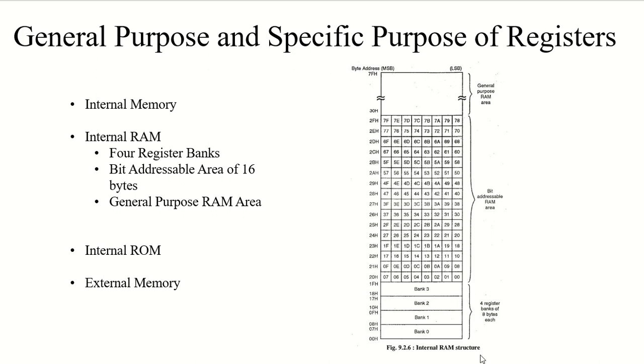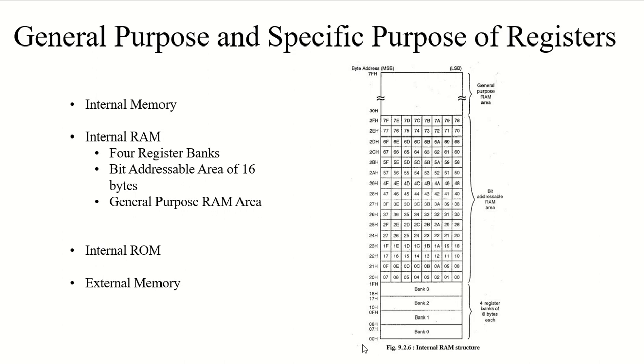So in this image you can see that we have four register banks: bank 0, bank 1, bank 2, and bank 3. Each of these register banks has 8 bytes of storage.